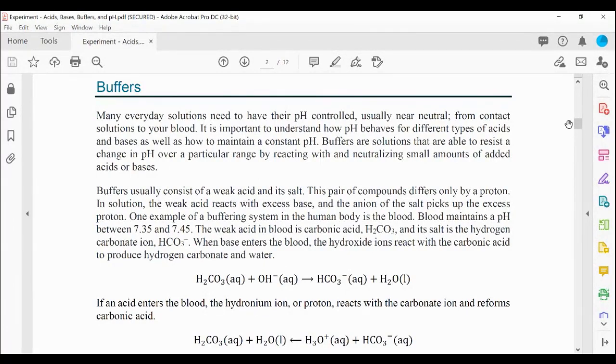For example, let's say that we add, just to say a number, 0.01 mole of sodium hydroxide, NaOH, to a buffer that is 0.1 molar acetic acid and 0.1 molar acetate.